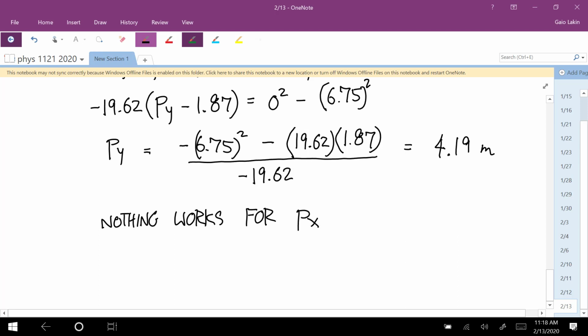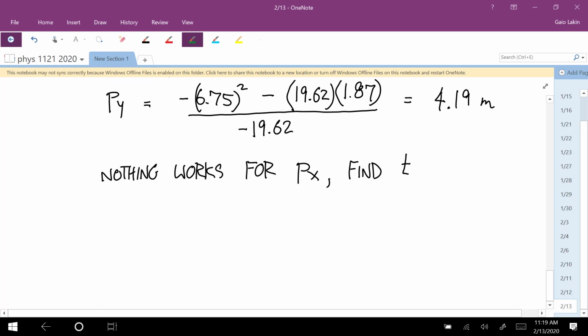So nothing works for px, so find t. The easiest way to do that is to use this equation. Vy is equal to v0y plus ayt.